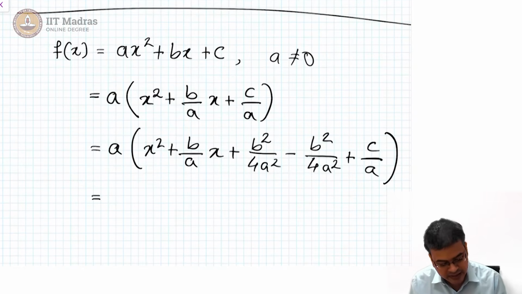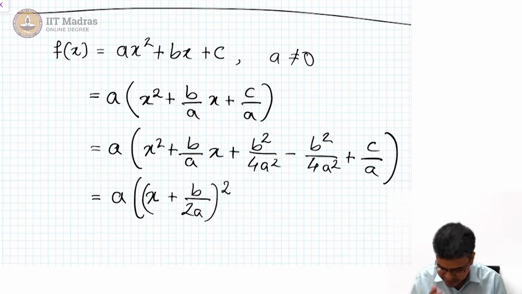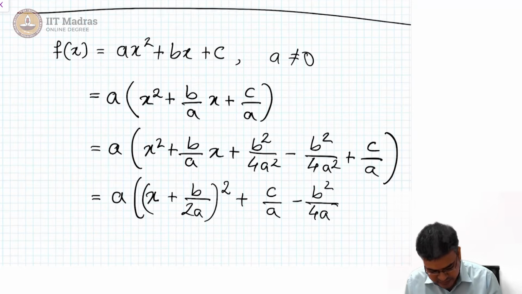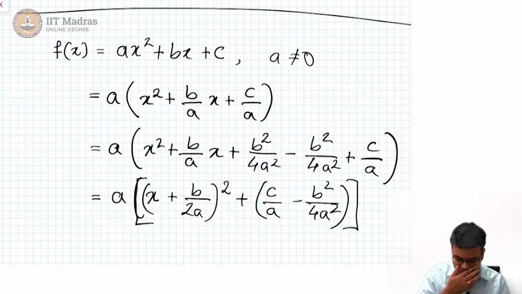Then what I got here is x plus b by 2a the whole square plus c by a minus b square by 4a square, and let me put a square bracket over this so as to remove the confusion.